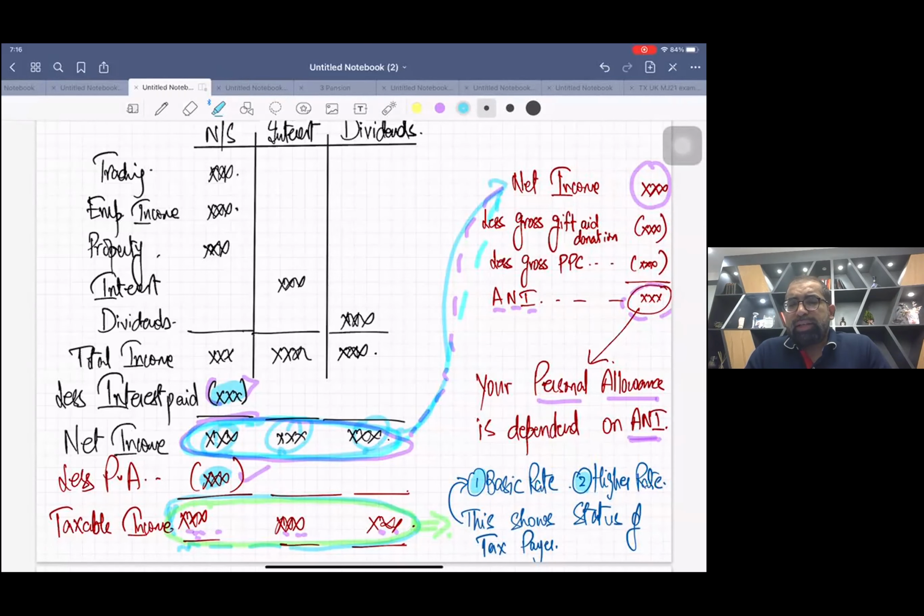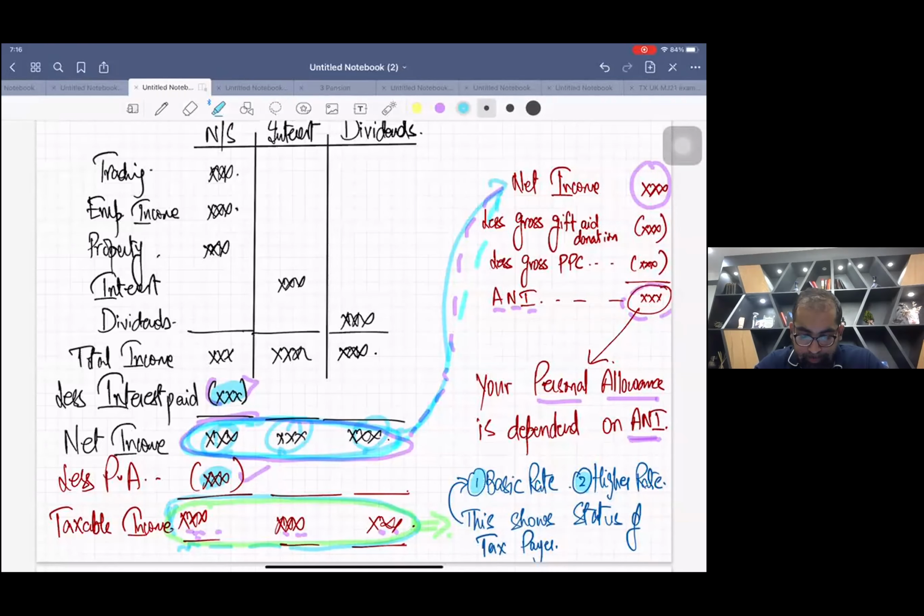If total taxable income is lower than 37,500, then the guy is the basic rate taxpayer. If the taxable income is between 37,500 and 150,000, then this guy is higher rate taxpayer. And if it is more than 150,000, then this guy is additional rate taxpayer.